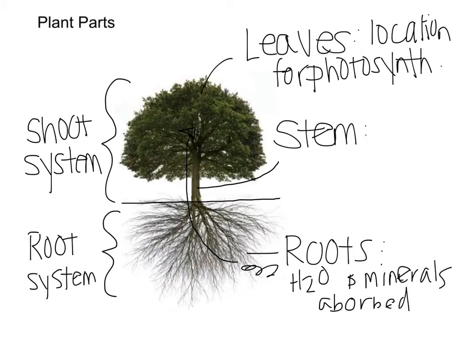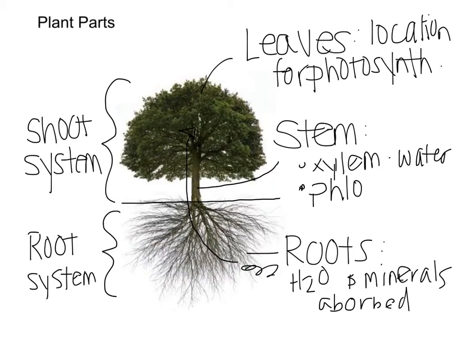So the stem contains vascular tissue called xylem that transports water from the roots to the leaves. Now the stem also has another type of vascular tissue running through it, and that is phloem. And phloem runs in the opposite direction.